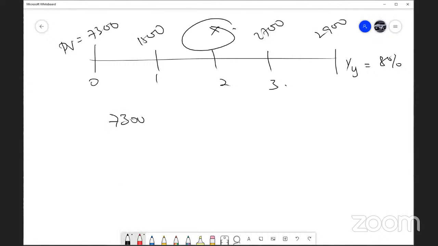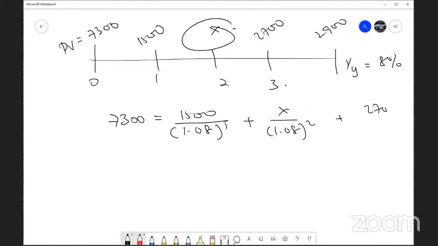PV 7,300 equals to 1,500 divided by 1 plus 8%. 1 plus 8% is 1.08 power 1, plus x divided by 1.08 power of 2, plus 2,700 divided by 1.08 power of 3, and lastly 2,900 divided by 1.08 power of 4.